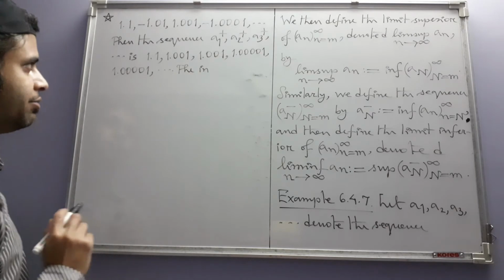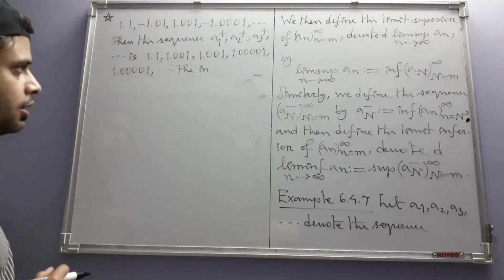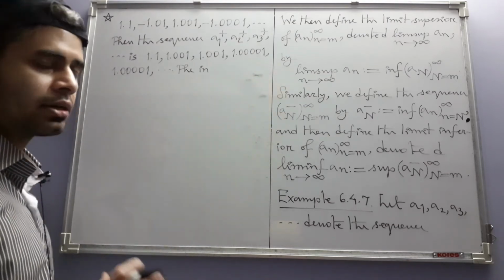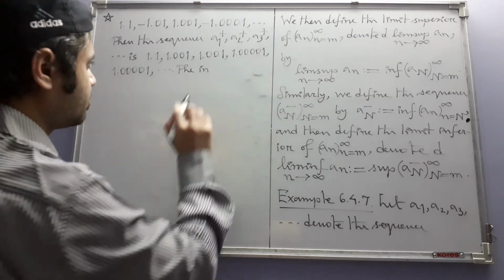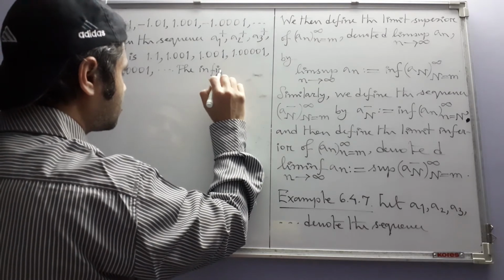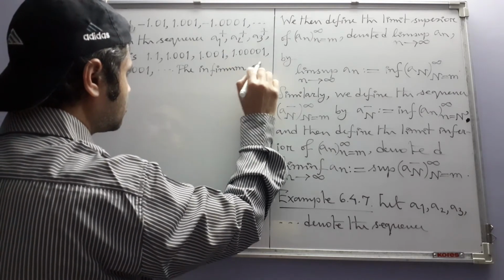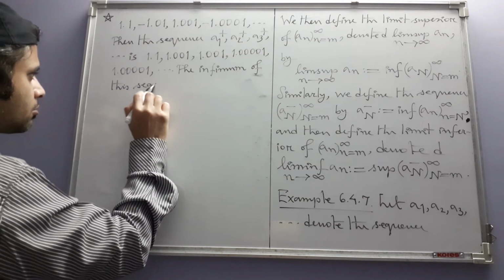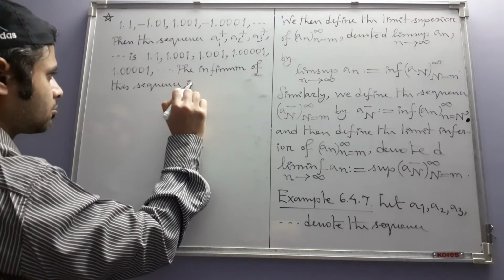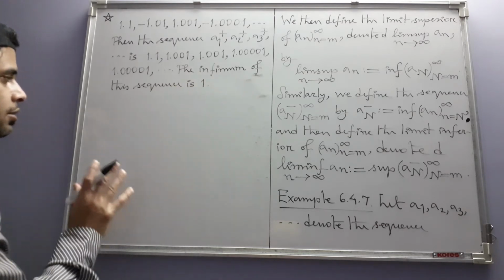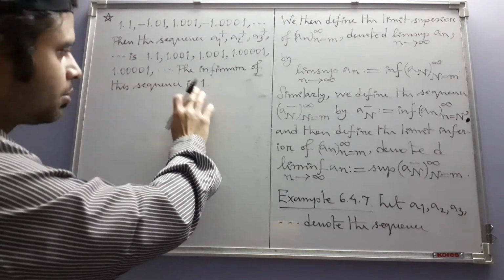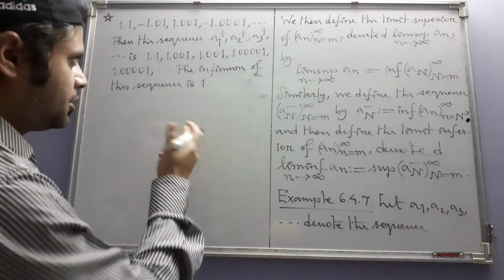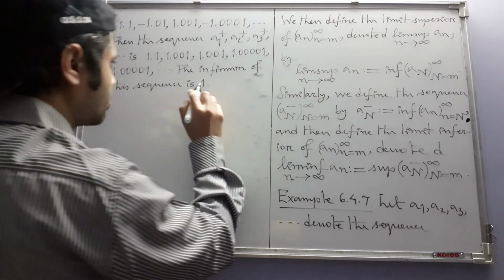And what is the infimum of this sequence? If one looks carefully, the infimum turns out to be 1. In fact, to claim that the infimum of this sequence of suprema is 1, one has to prove it, which can be proved quite easily.